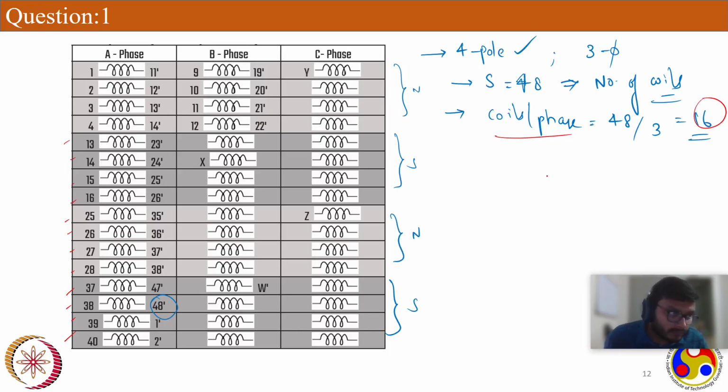Now this is a very important question. Is it short pitched or full pitched? How will you find it? It's a very simple logic, but you have to put your mind to it.